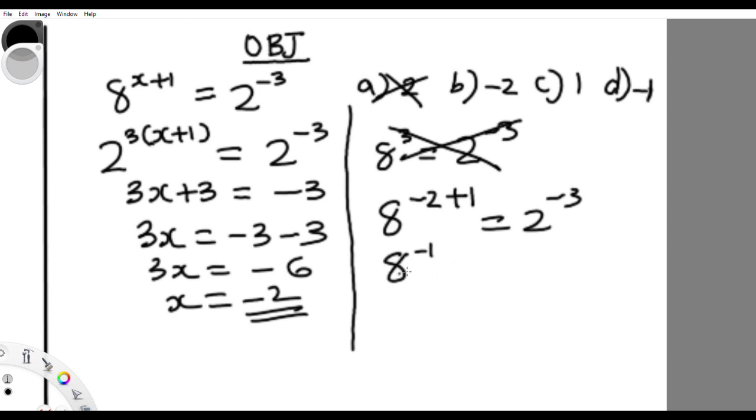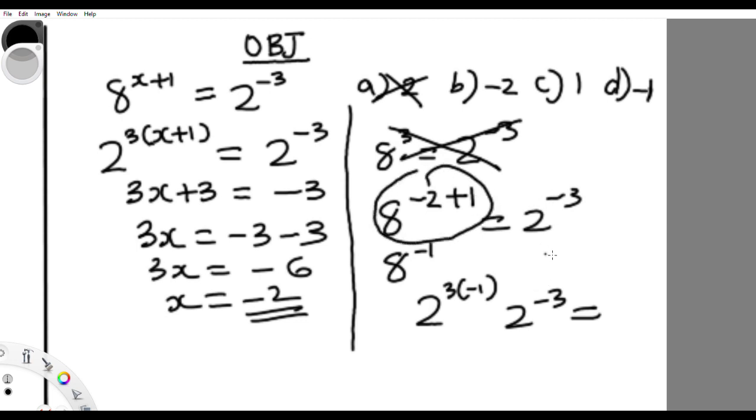Now remember, 8 raised to the power of minus 1, I can make this one become 2 raised to the power of 3 minus 1, then 2 raised to the power of minus 3. You see that 2 raised to the power of minus 3 is what I got on this side, which is same as what you have on the other side. So this is the answer. So merely looking at this question, I can tell you the answer even without solving anything. So that is a shortcut.